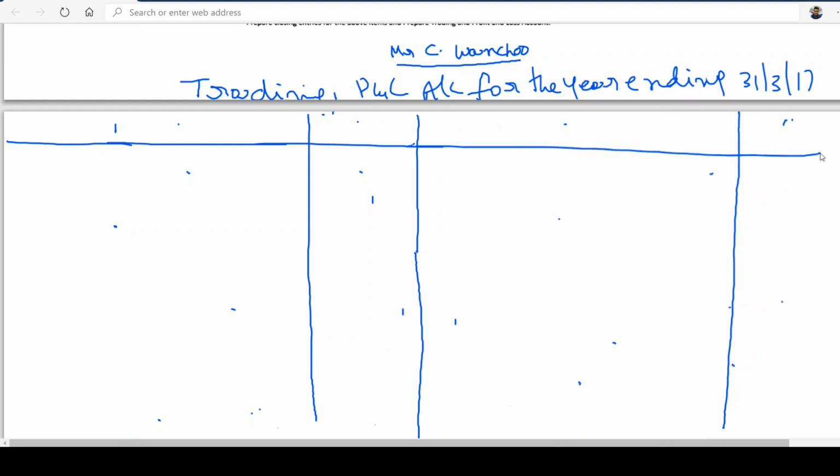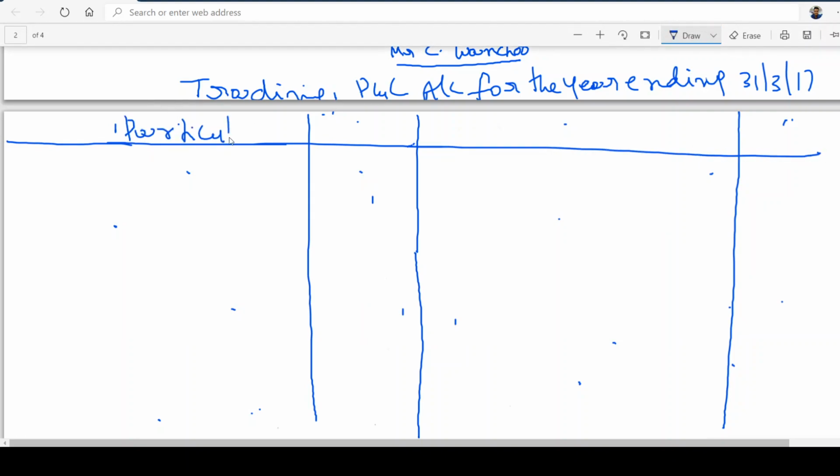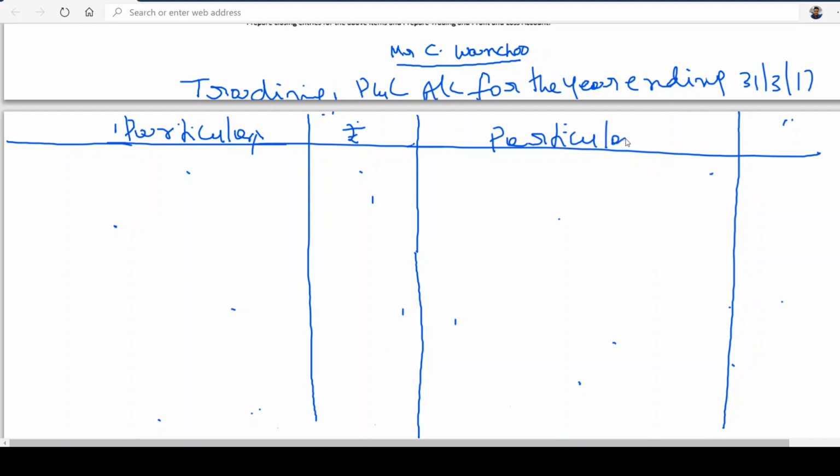You know that here we write particulars, amount in rupees, particulars and amount in rupees. Now, let us see item by item. So, first item.